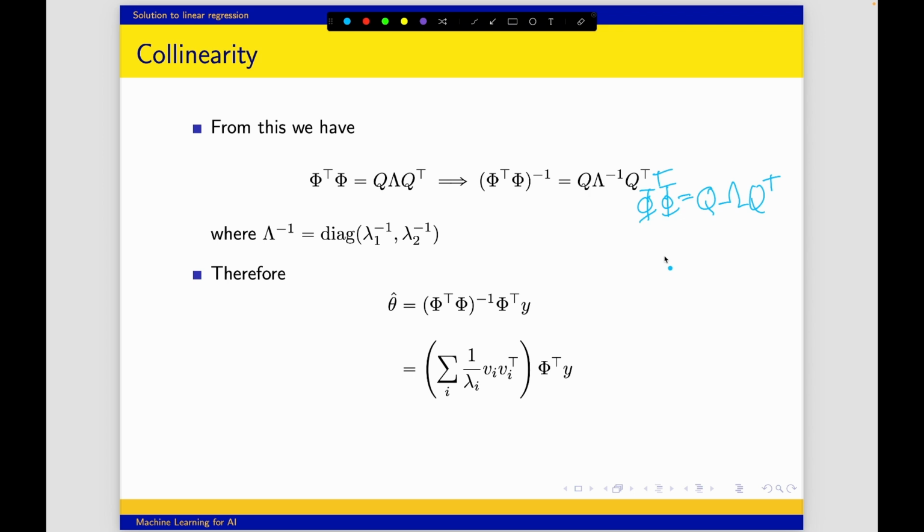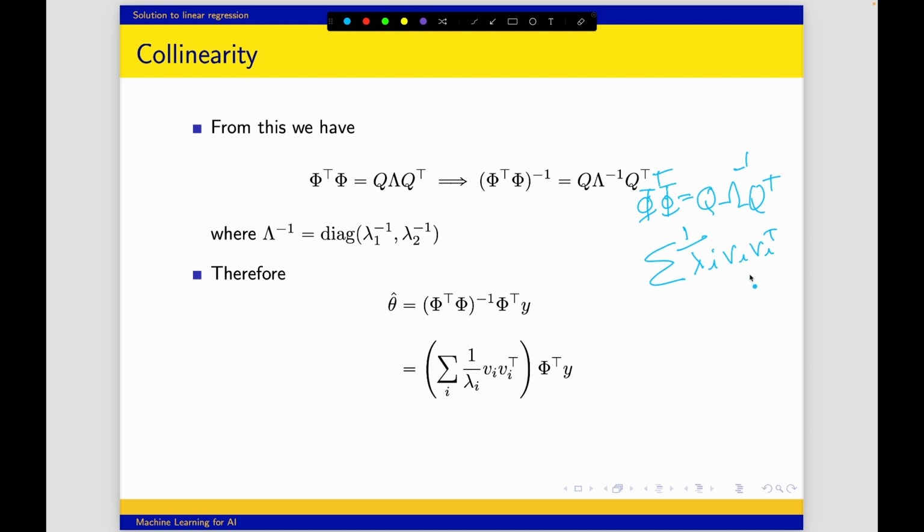Another way of writing this is as the sum of outer products as I defined them before: lambda i v i v i transpose. Right? So if we put a minus 1 here, that's 1 over lambda i times this outer product here. So this is another way.